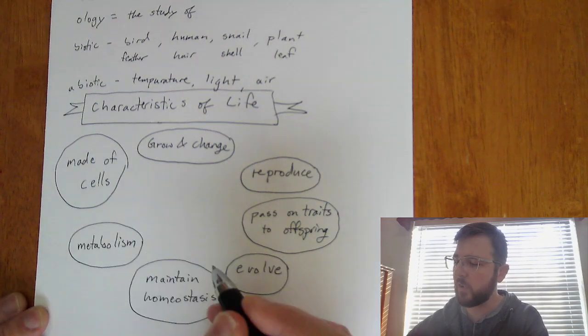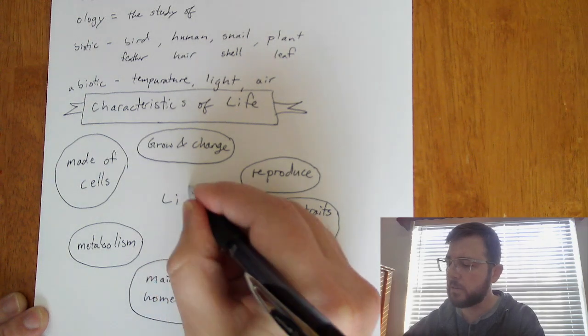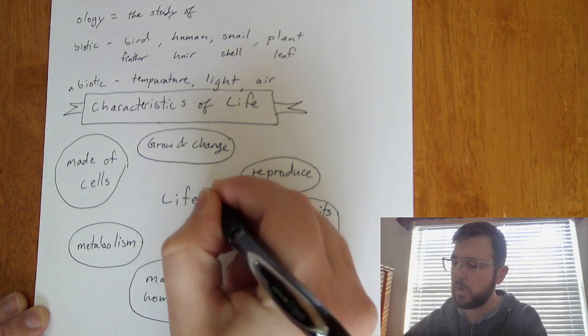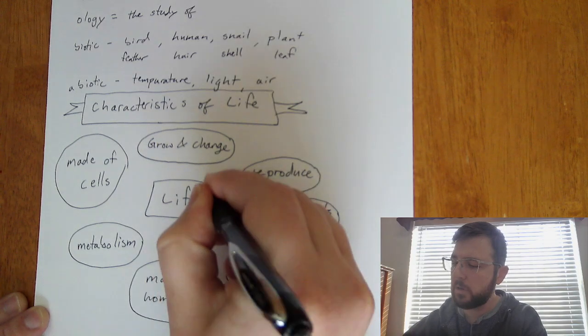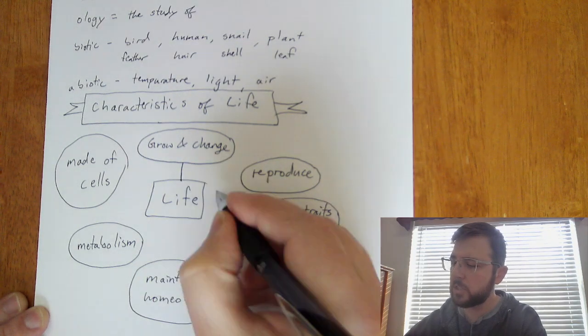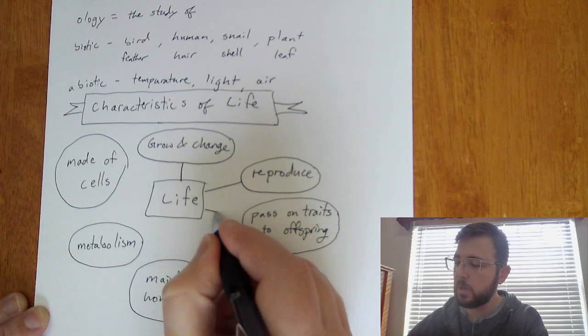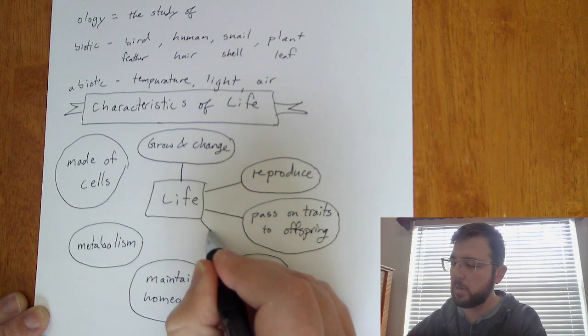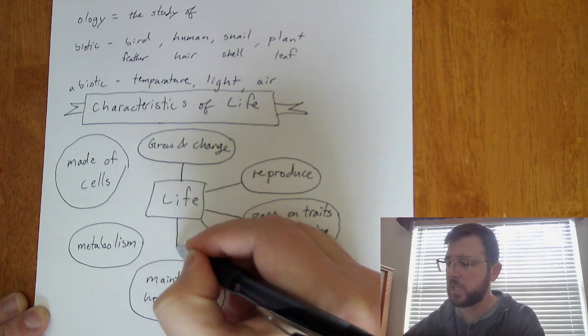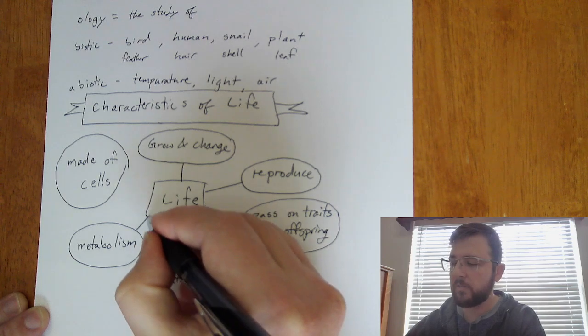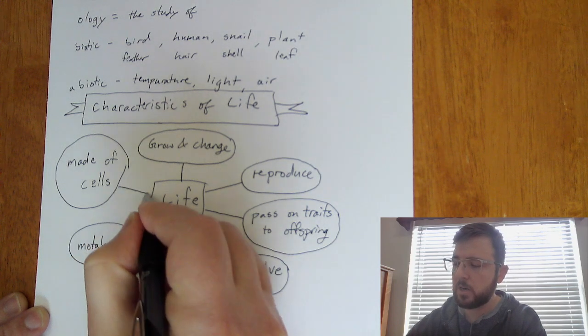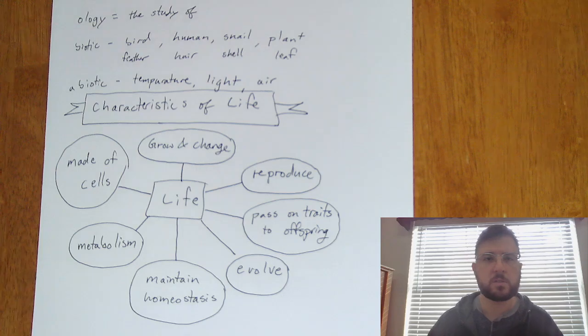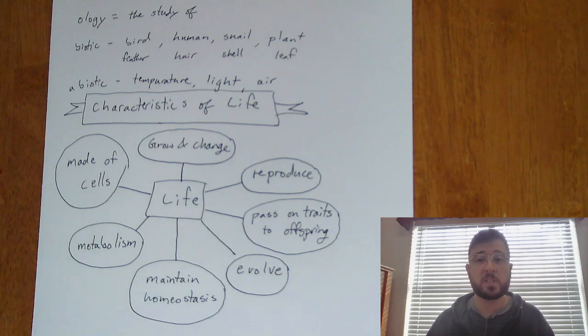And so when we have all of these things together, we have life. Living things grow and change, reproduce, pass down traits to their offspring, evolve, maintain homeostasis, have a complex metabolism, and are made of cells. That's the characteristics of life.